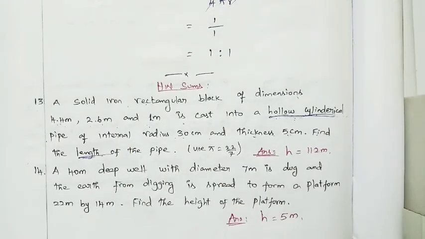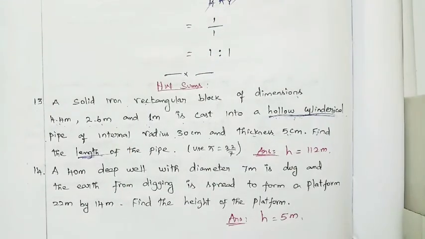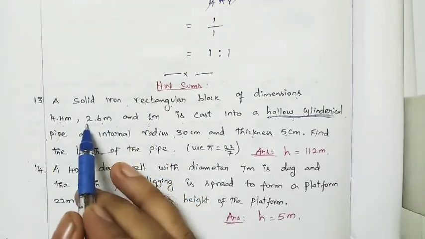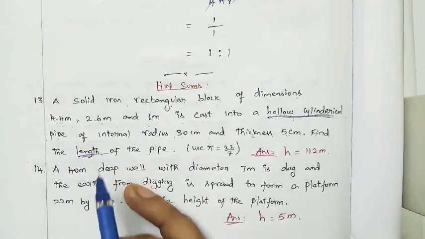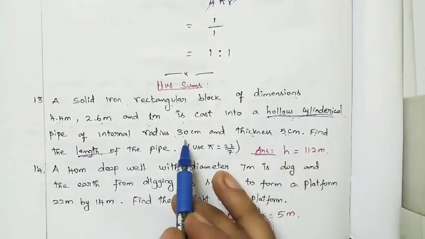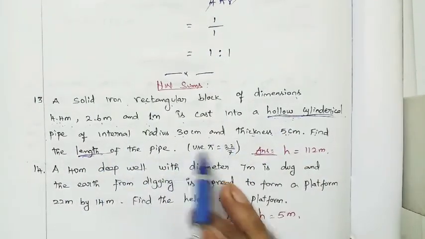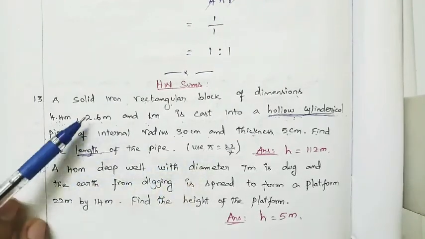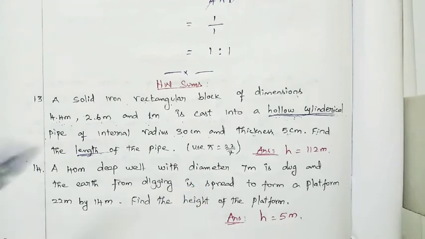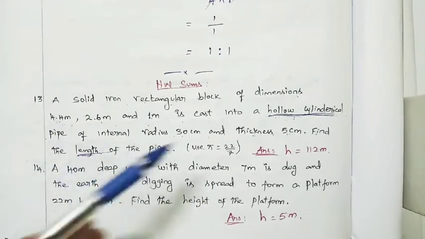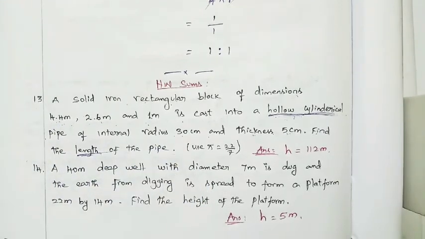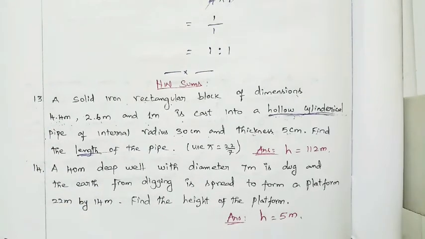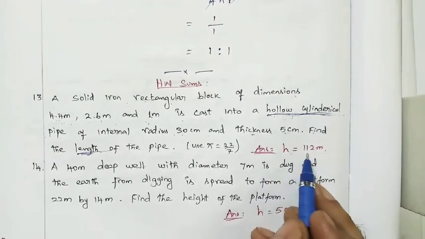One more thing to notice: in the cuboid they have given the values in meter, but in the hollow cylinder they have given in centimeter. While equating, keep in mind that both units should be the same. You can convert meter to centimeter or centimeter to meter, whatever you need. The final answer is height is 112 meter.